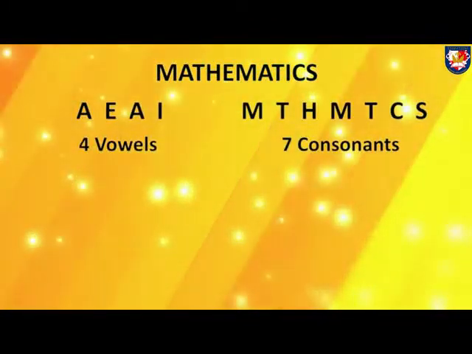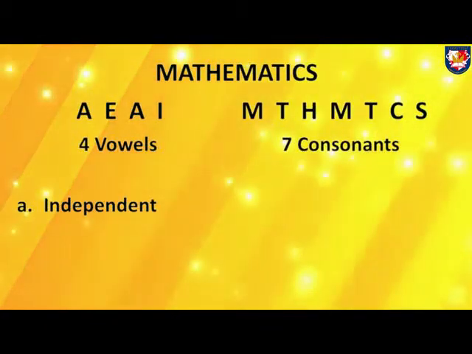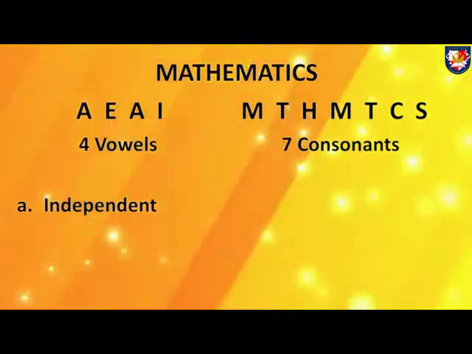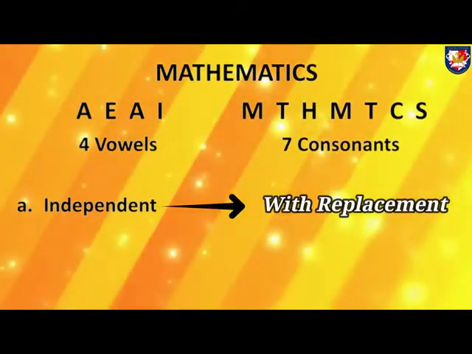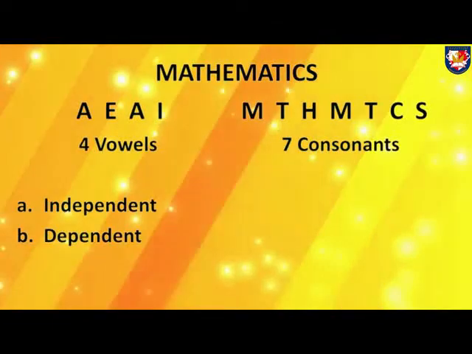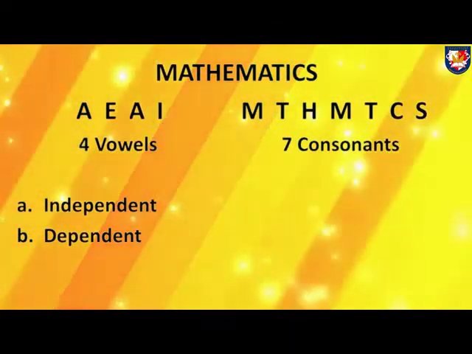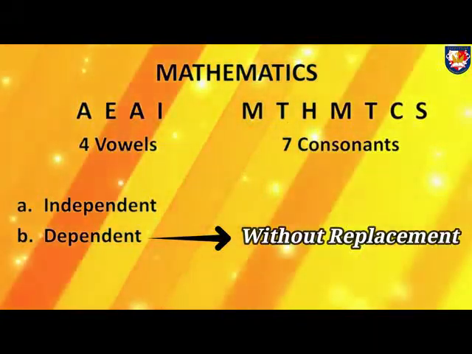In mathematics, as you can see, there are 4 vowels and 7 consonants. A is actually an independent event, because for independent events the keyword is with replacement. B is a dependent event, because the keyword for dependent events is without replacement.